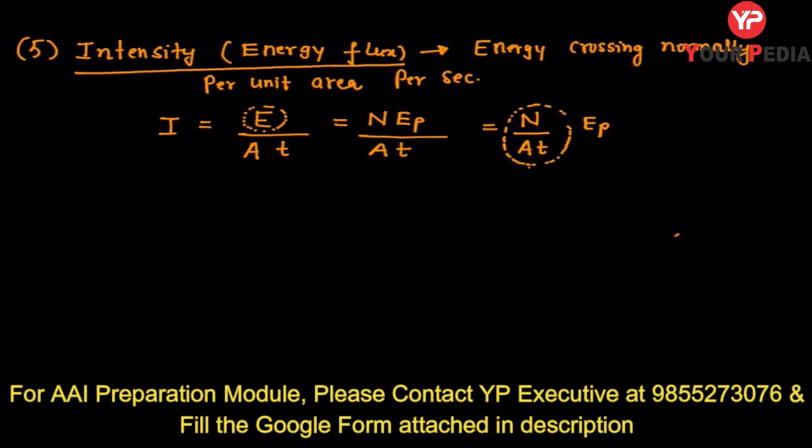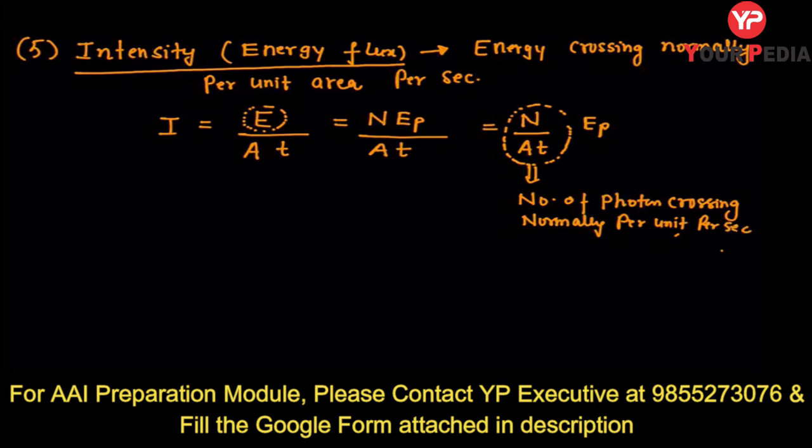This term represents the number of photons incident on a normal surface per second per unit area. Number of photons crossing normally per unit area per second.